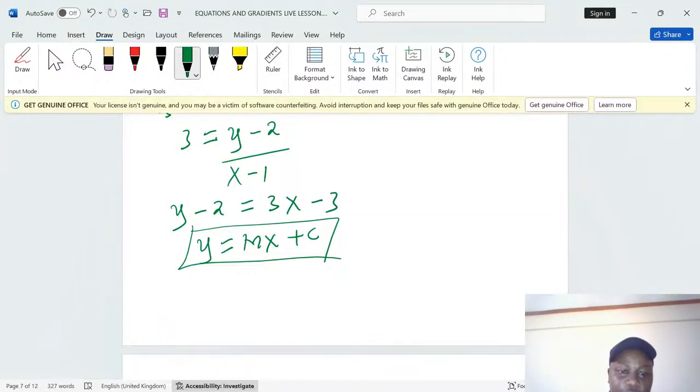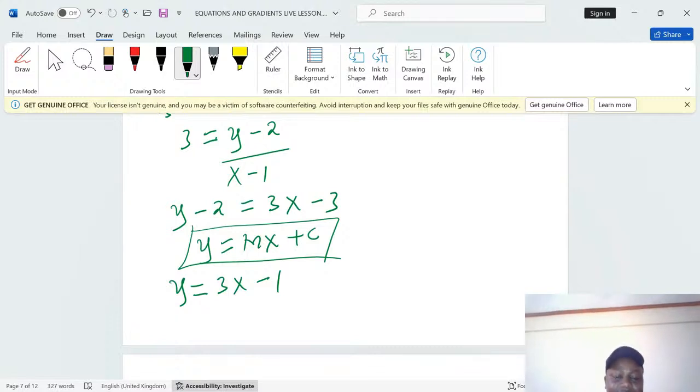But first of all, let us have our equation as y equals 3x minus 1. When equations are in this format, the y-intercept can be obtained directly from the equation. So we will say y-intercept equals negative 1.